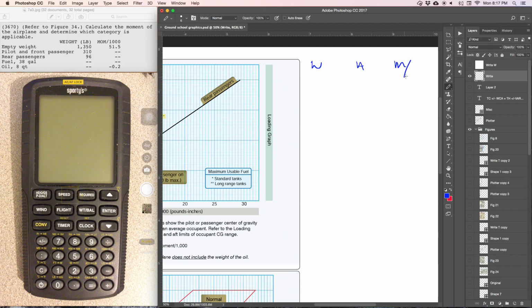In this case, they're giving us moment information as moment divided by 1,000. The aircraft weighs 1,350 pounds, and the moment divided by 1,000 is 51.5. Front seat passengers, pilot and front seat, is 310 pounds. Rear seat is 96 pounds.